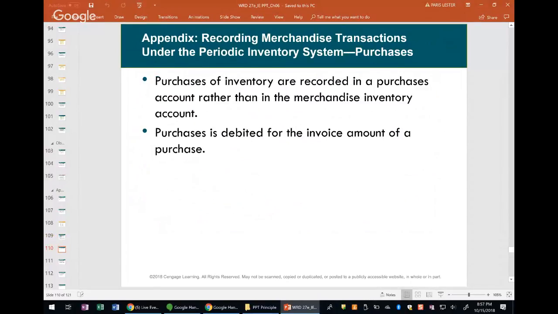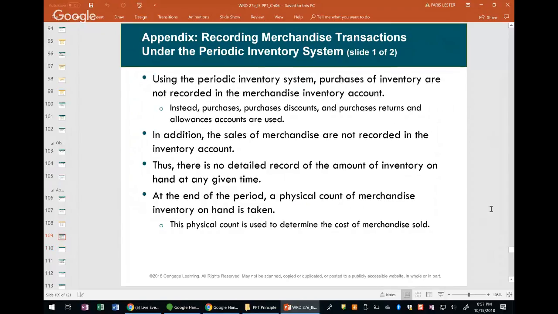Purchases of inventory are recorded in a purchase account, debit purchases, not merchandise inventory. And your purchase is a debit for the invoice amount, not net. Purchases of inventory are not recorded in the merchandise account. To repeat, in addition, the sales of merchandise are not recorded in the inventory account. You don't make double entries.